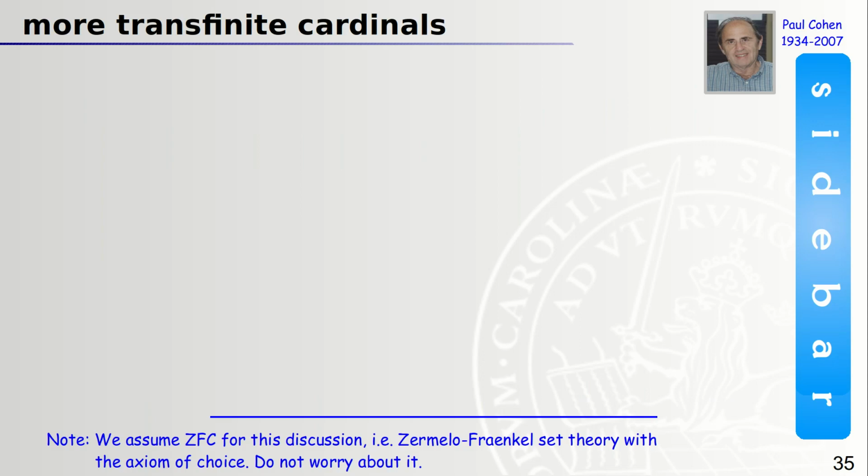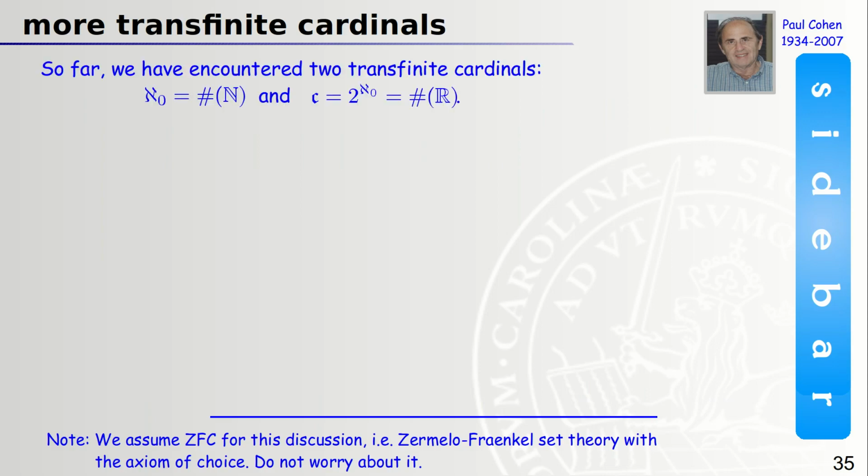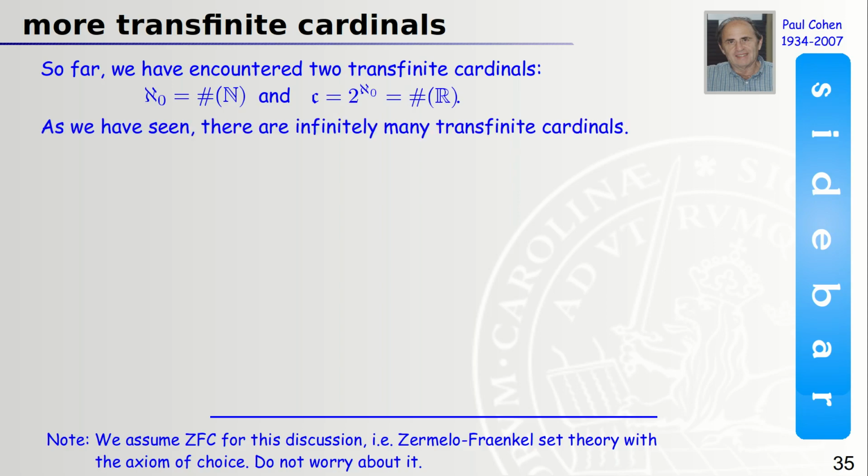I want to conclude with a few comments on transfinite cardinals. So far, we have encountered two of them, Aleph 0 and C, which is 2 to the Aleph 0. We also know that there are infinitely many transfinite cardinal numbers.